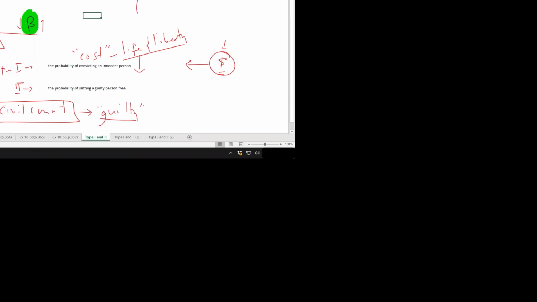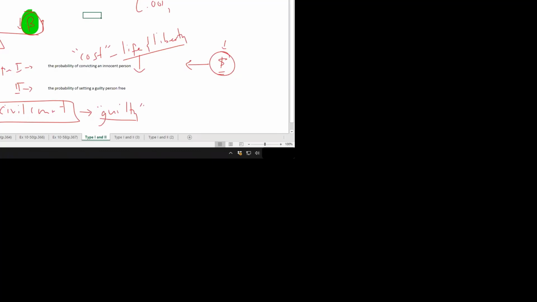So in this case, maybe you can set your alpha at 0.001. But in civil cases, you can afford to increase alpha, because when you increase alpha, that makes your type 2 error smaller.